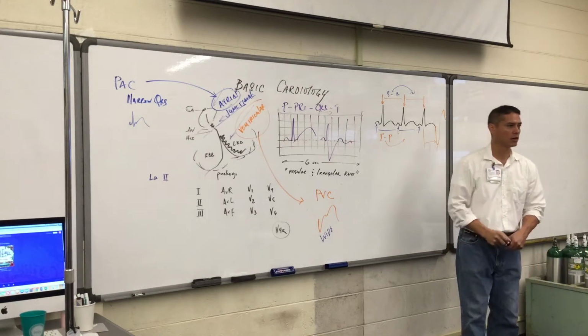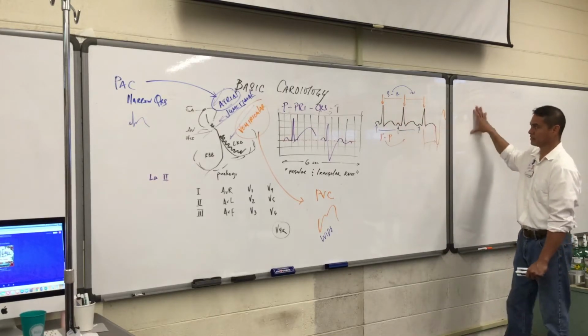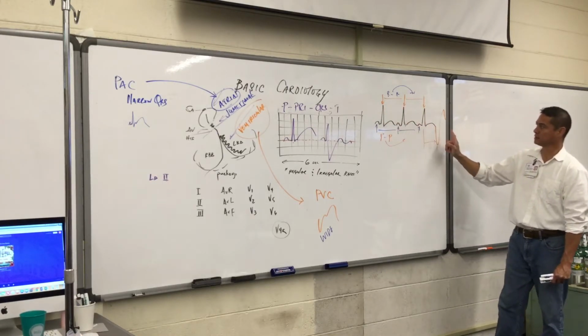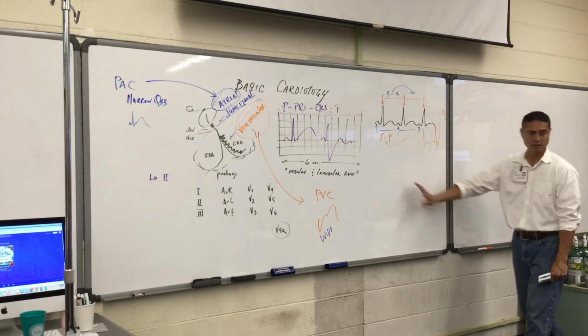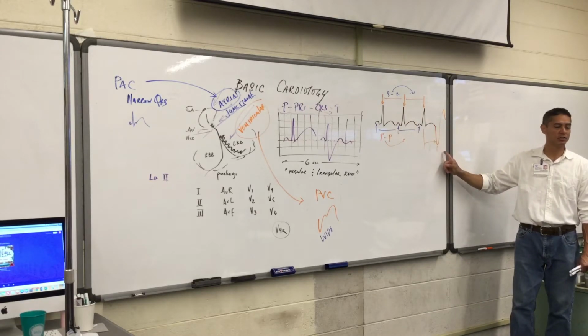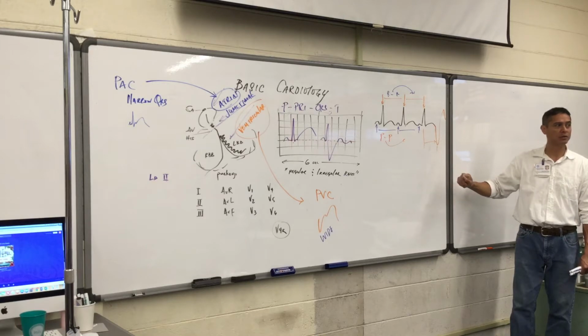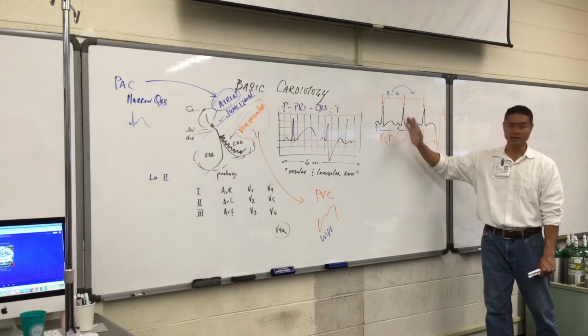All right, just for the dog and pony part, if we were to take this exact picture and place it over here, 1, 2, 3, this PVC, 1, 2, 3, PVC, and we continued this cycle, 1, 2, 3, the 4th is a ventricular ectopy. So we would end up calling this a special type of rhythm. If it were after each one, it would be bigeminy.